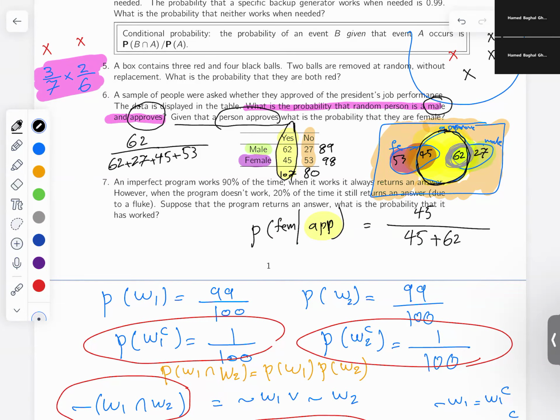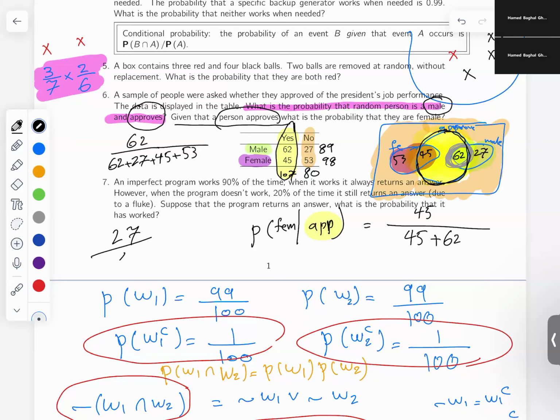Now another question. Suppose we choose someone and he is male. What's the probability that he said no? 27 over what's the total? Which total? 62 plus 27.